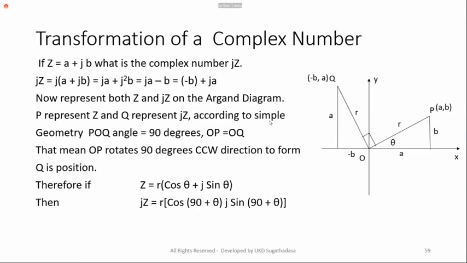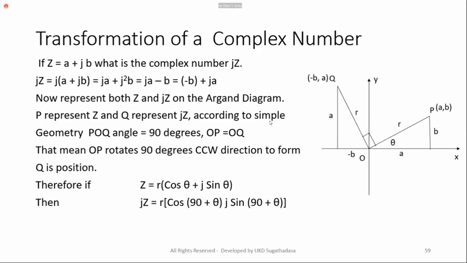If you rotate OP by 90 degrees, you get the position of Q. Therefore, in polar form, if Z is r cos theta plus j sin theta, jZ has the same modulus, with argument 90 plus theta: cos of 90 plus theta, j sin of 90 plus theta. That is very important, the transformation of a complex number associated with j.